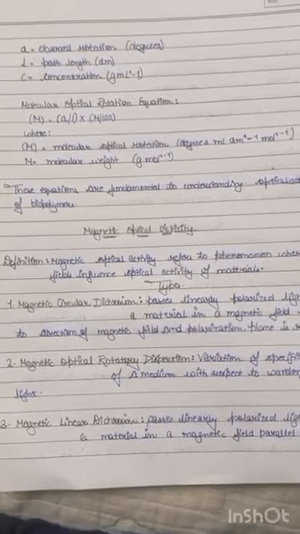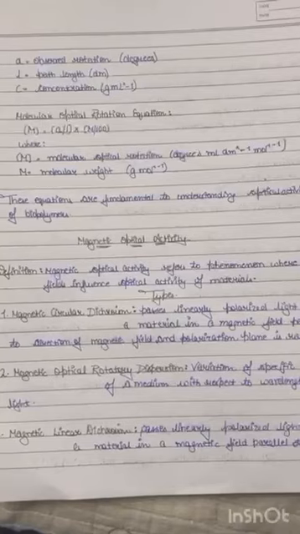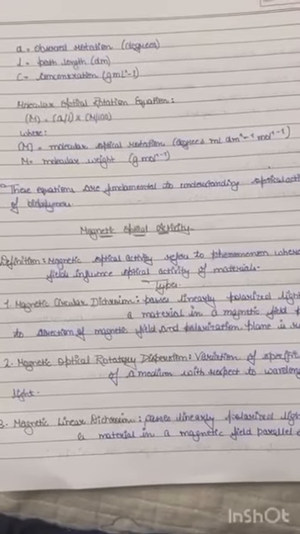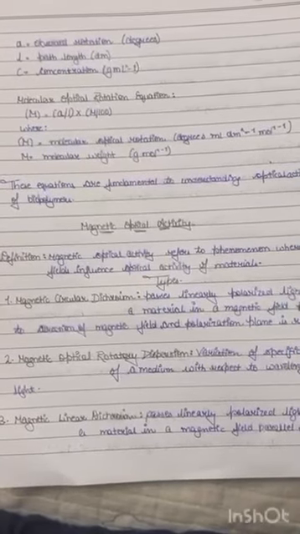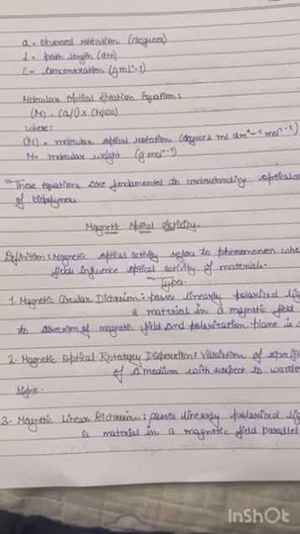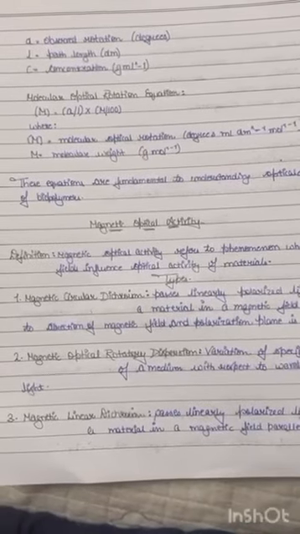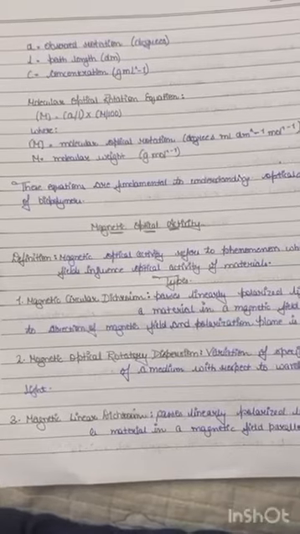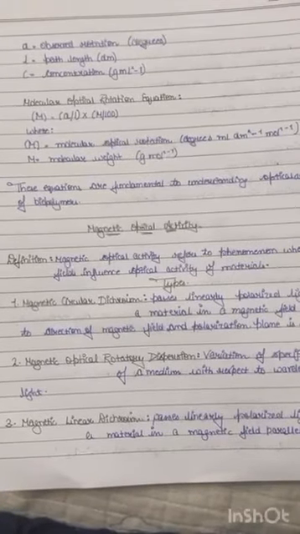Our other topic is magnetic optical activity. The definition states that magnetic optical activity refers to phenomena where magnetic fields influence optical activity of materials. There are some types: magnetic circular dichroism, which passes linearly polarized light through a material in a magnetic field parallel to the direction of the field, and the polarization plane is rotated.